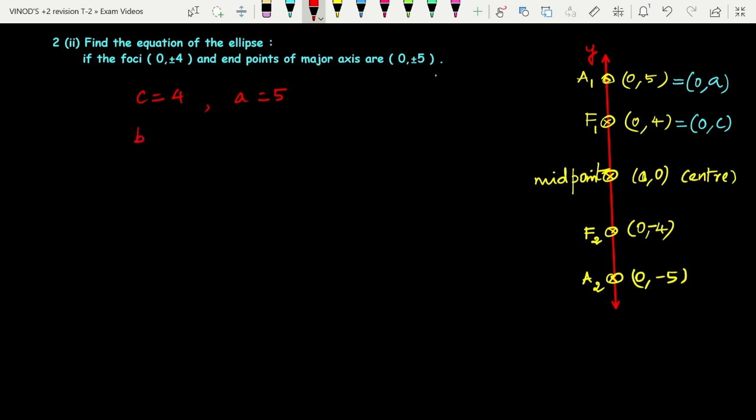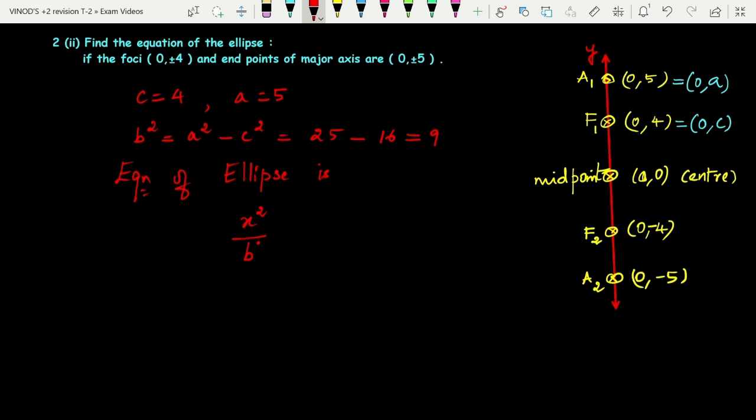What is your b square? By formula, b square is equal to a square minus c square. a square is 25, c square is 4 square, 16. 25 minus 16 is 9. The center is (0, 0) and the major axis is the y-axis. The equation of a vertical ellipse is given by the formula x square by b square plus y square by a square is equal to 1.